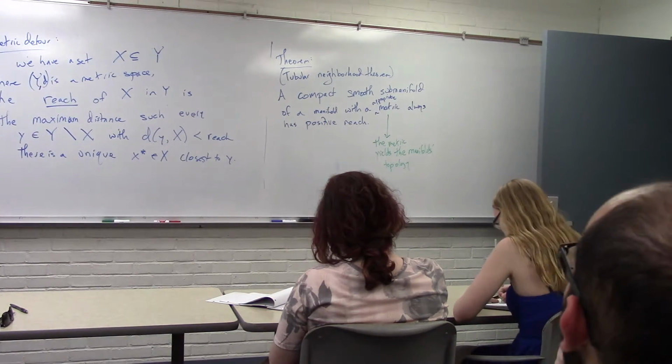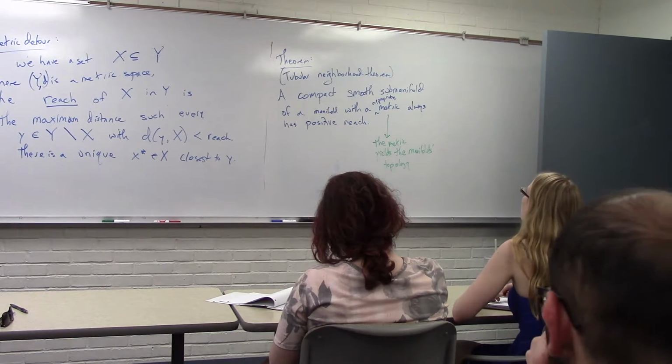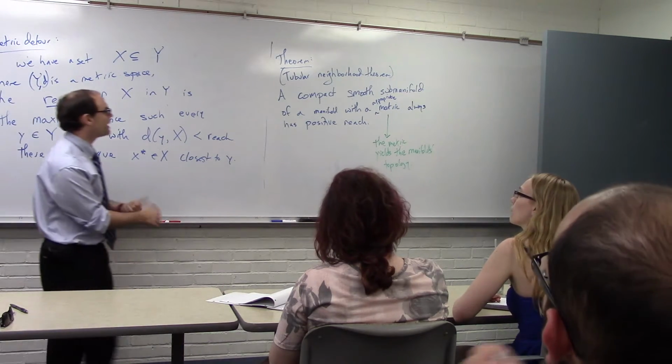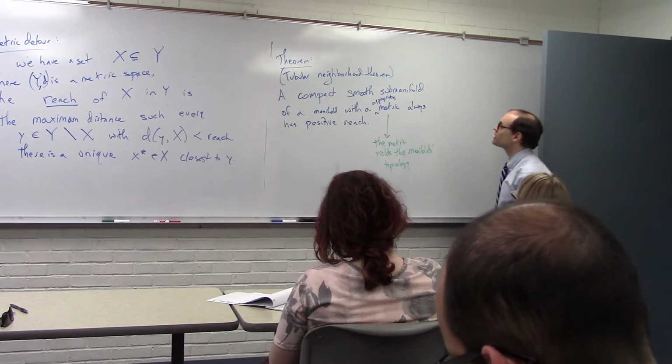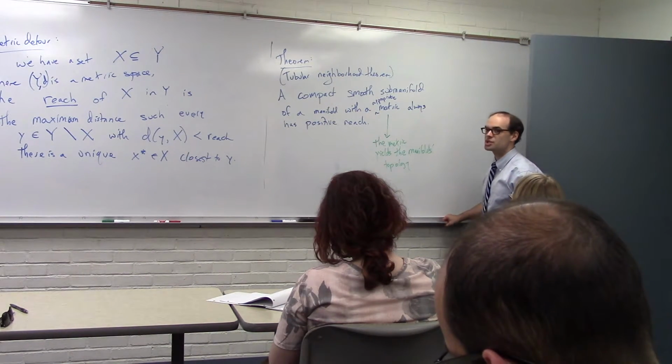So if that's the case, then my bigger manifold that's holding my submanifold is both a manifold and a metric space. In that situation, my submanifolds always have positive reach.